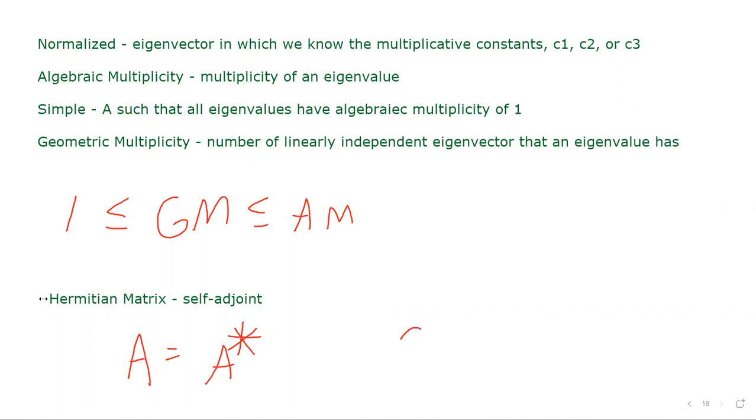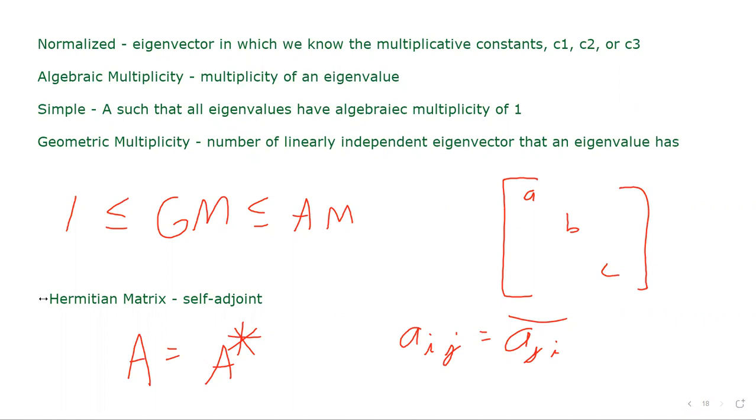So a way of looking at this is any ij value is going to be equal to the conjugate of a ji value. So it doesn't matter what's on our diagonal, because they're not going to change in the flip. Well, actually, they have to be all real because they're going to be equal to the conjugate of itself.